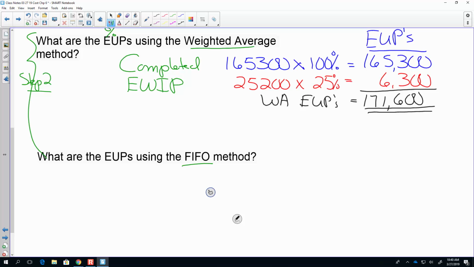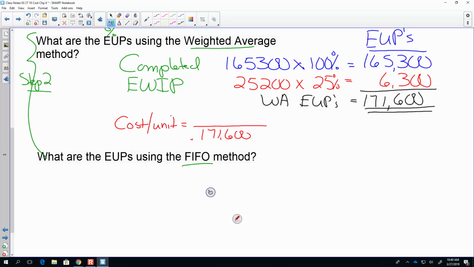Okay, now, remember we talked about cost per unit, right? It's a division. What's on the bottom number then here? The EUP.